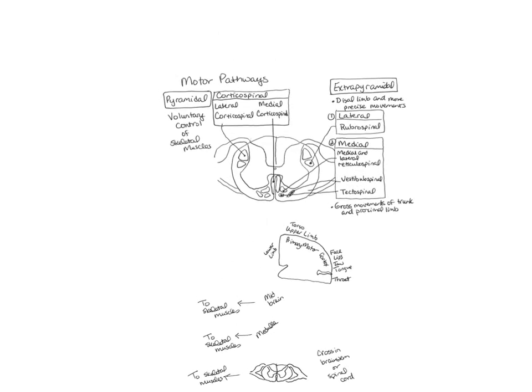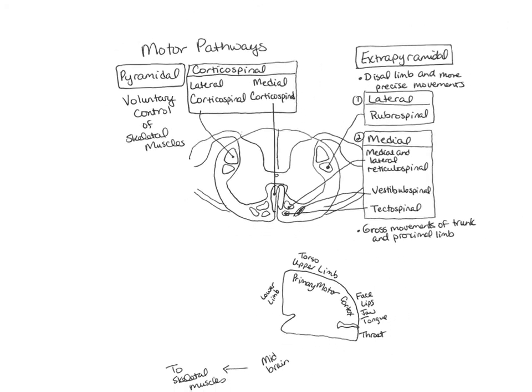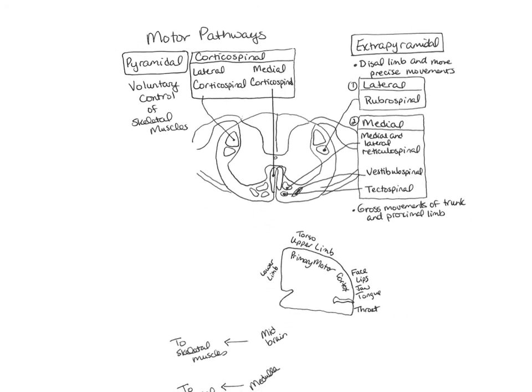There's a mistake here. Did anybody catch it? Yep, you got it. That's anterior. So you've got the lateral and the anterior corticospinal pathway.